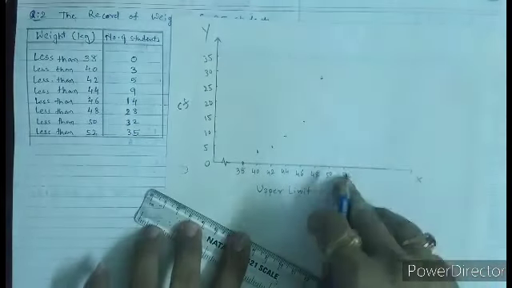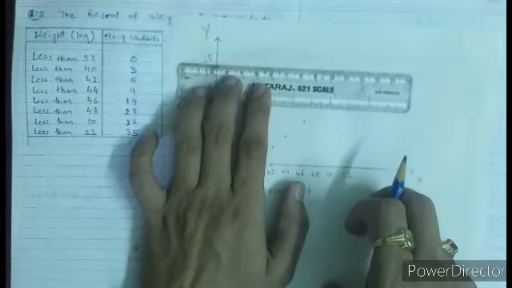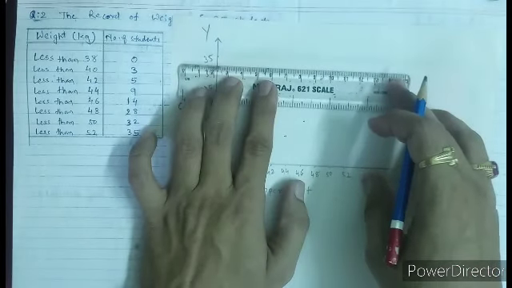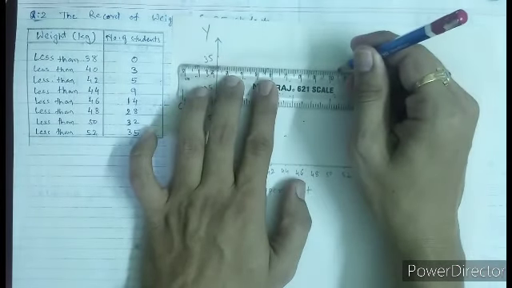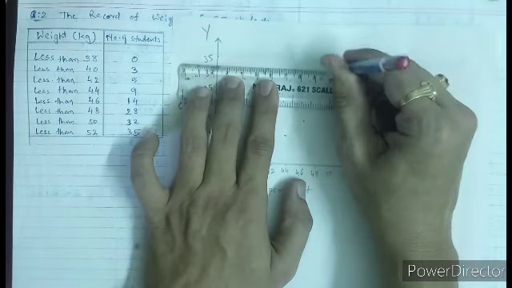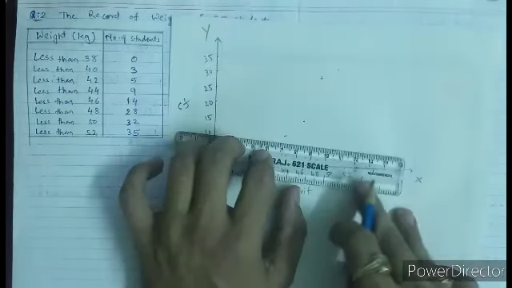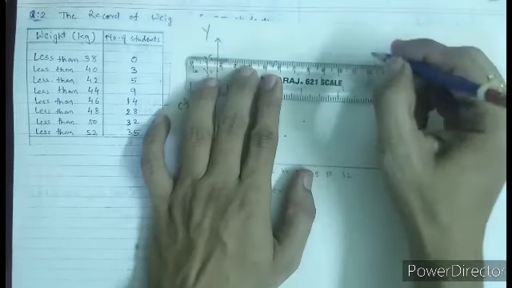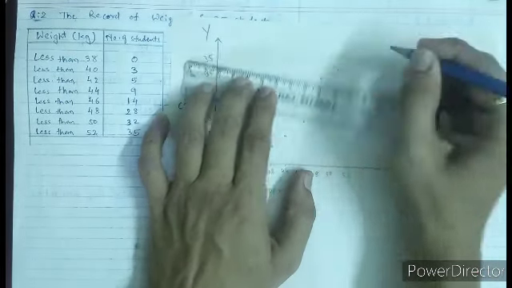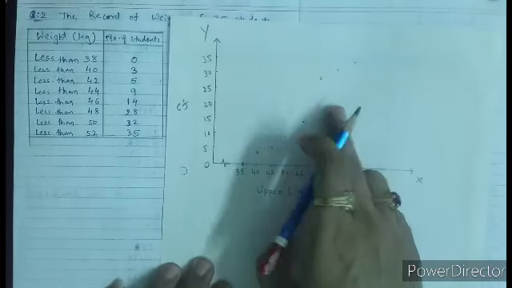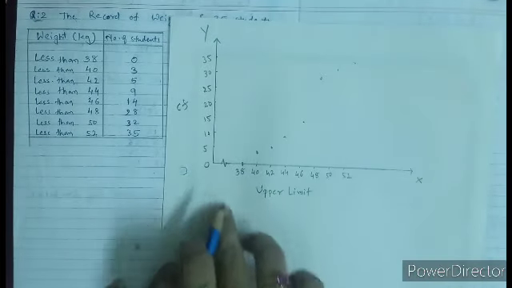Then for less than 50, 32 students. So we'll get here. Then for less than 52, we will get 35 students. So these are the points which we can obtain on the coordinate system.